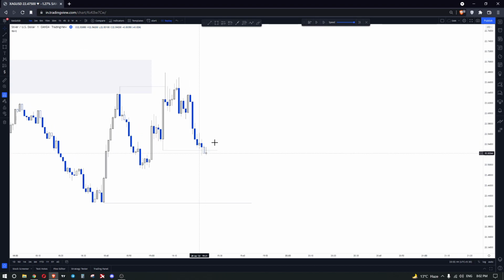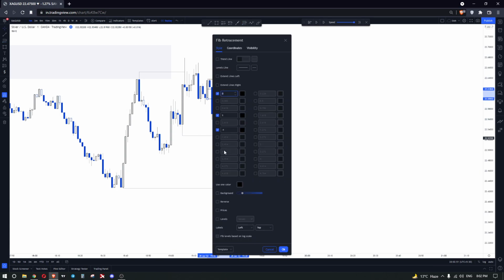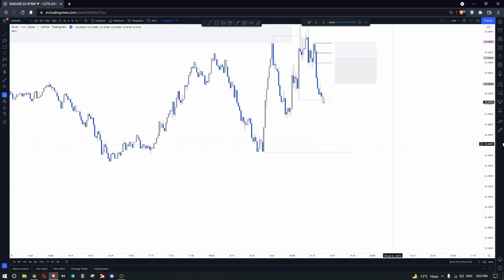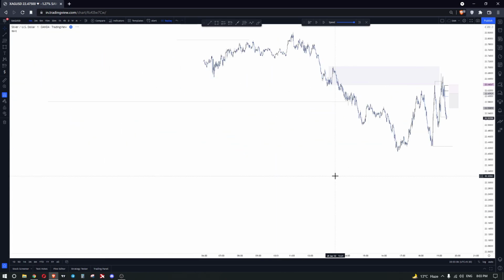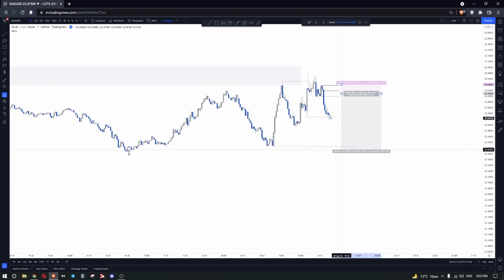Price did take that out. Now we can wait for price to tap this sort of level. Let me make it a little bit blue. Oh man, I didn't want to make it there. As this is pretty big, I would like to keep my entry right here. Target, definitely targeting the low, because we are in the pro trend.